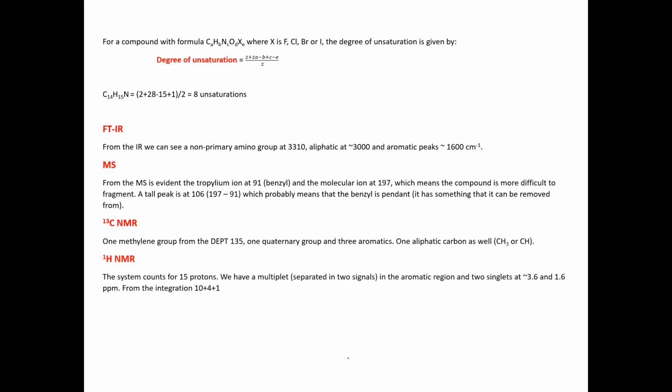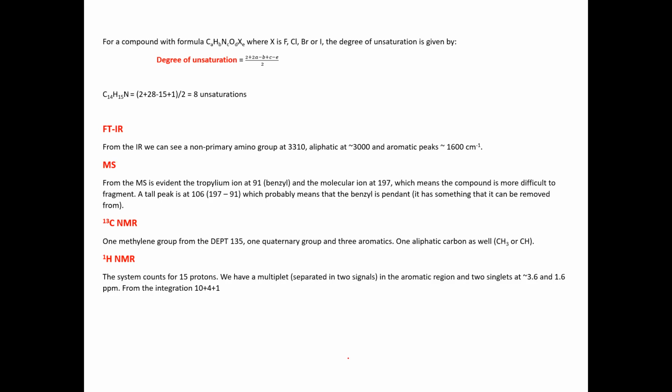Always start counting the carbons and counting the proton environments. The proton environments, according to the total number of protons you have, suggest something as well. You have 15 protons, one large multiplet, and then 2 singlets, at 3.6 and 1.6.